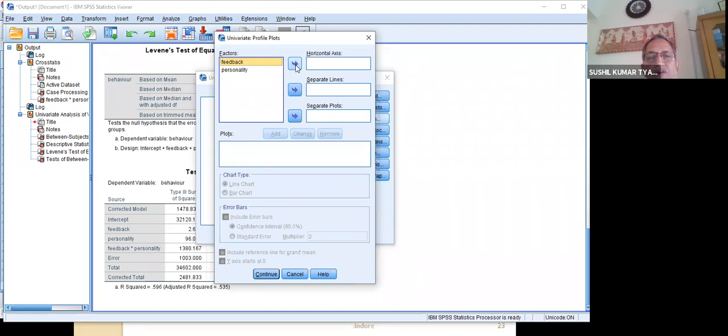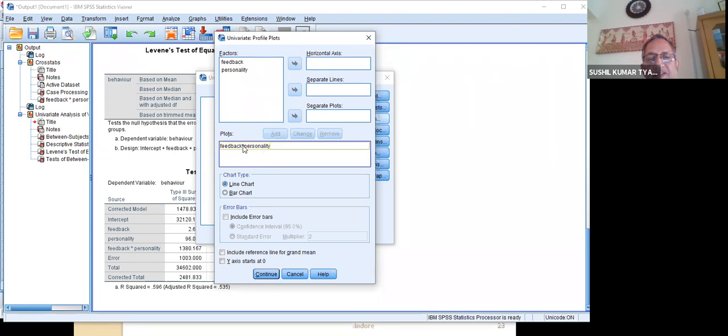Now, feedback, what do you want to have on the horizontal axis? Say feedback is on the horizontal axis, personality is separate lines. And Add. So this gives feedback into personality.